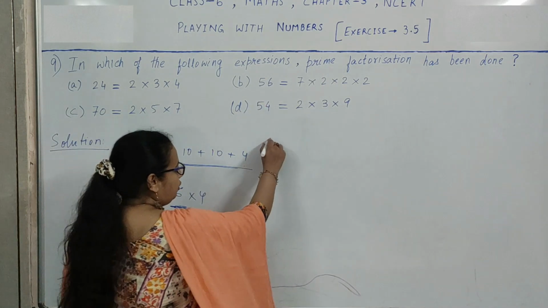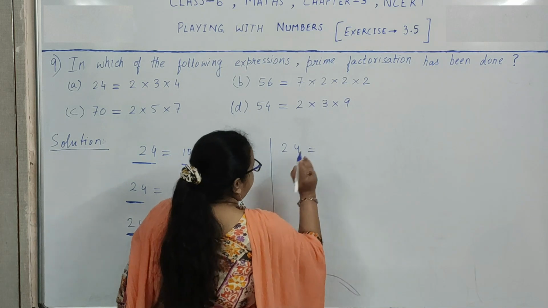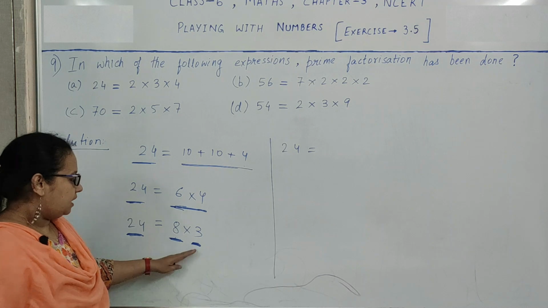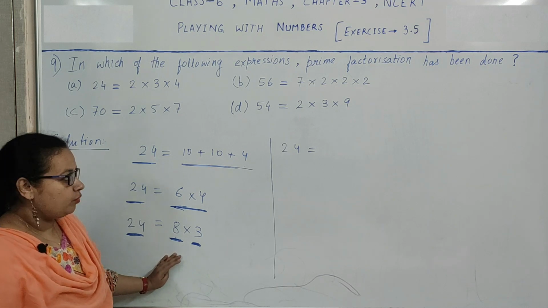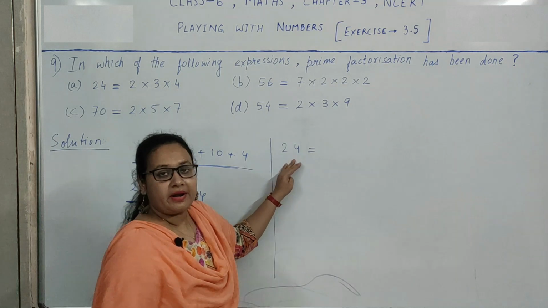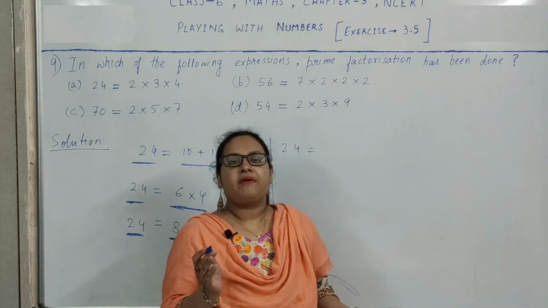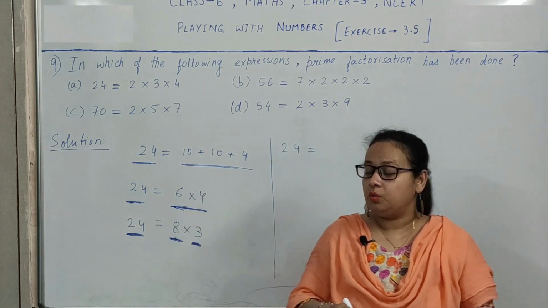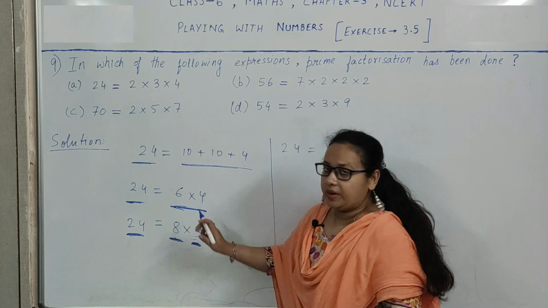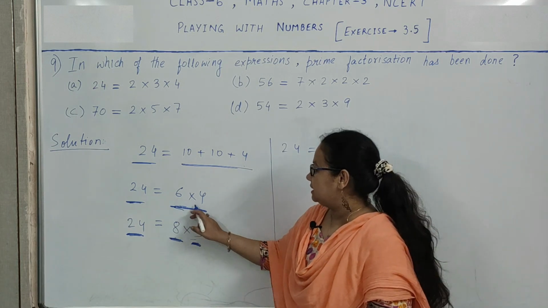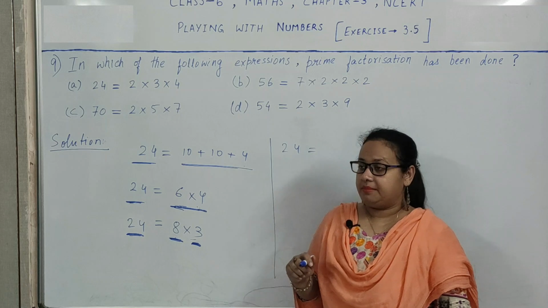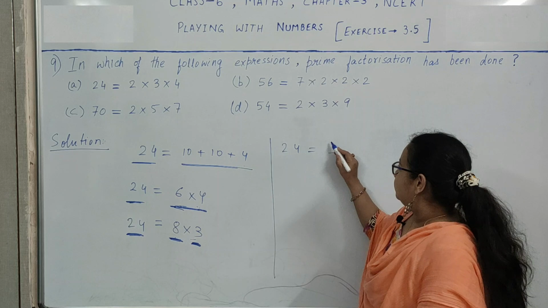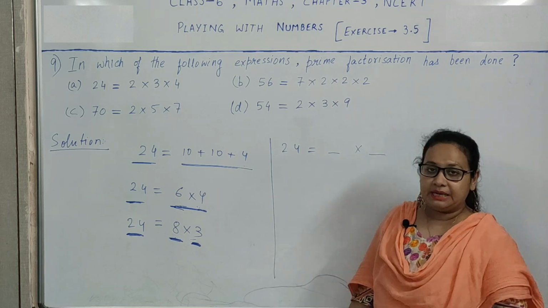So now how to prime factorize 24? Here these 2 are the factors of 24. These are the ordinary factors of 24, and in prime factorization we will find the prime factors of 24. So to find the prime factors of 24, we have to see: these are all factors of 24, but these 2 are not prime numbers. But when we prime factorize a number, the factors should be prime numbers.